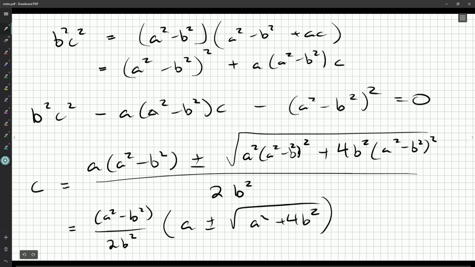And this has got to be bigger than a, just on principle. So it's got to be a plus. So that looks exactly the same as what I just had a moment ago.